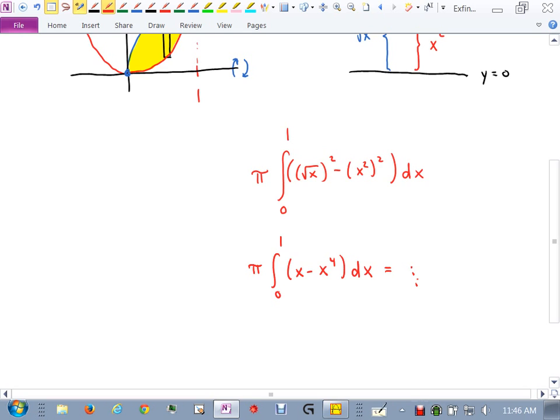Questions? That's it. Yep. I will say set up the integral that represents the volume of the solid found by rotating the region bounded by these two functions about the x-axis. And you will just set the integral up, and that's it. Yes?